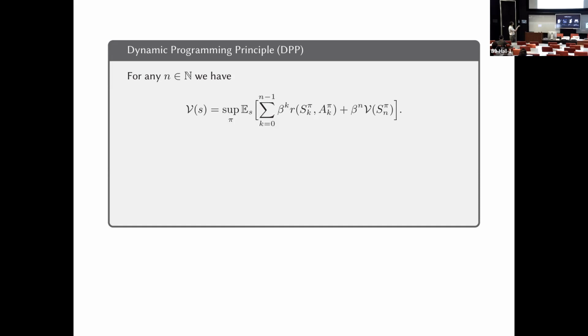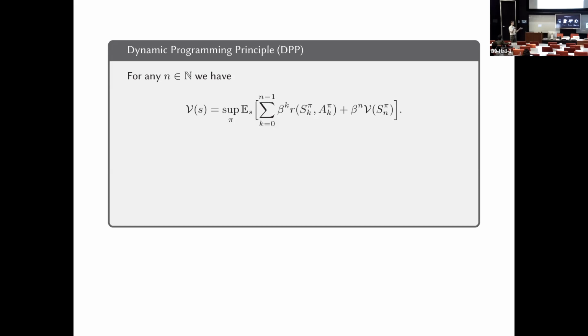And on the right-hand side, it says that it is the same as collecting all rewards before time n, so 0 to n-1, and then at time n, from the state we are in, act optimally.